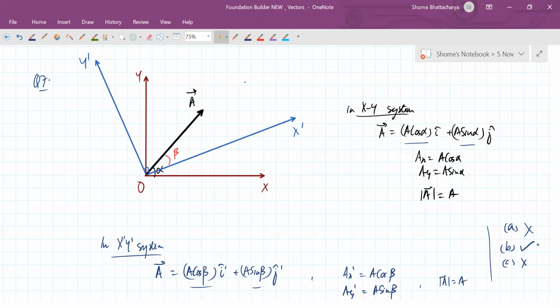And magnitude of a vector is obviously also not changing. So I have tick marked where it depends on. So obviously magnitude of a vector does not depend on. So only one of these four things depends on the coordinate orientation, and that is the component.